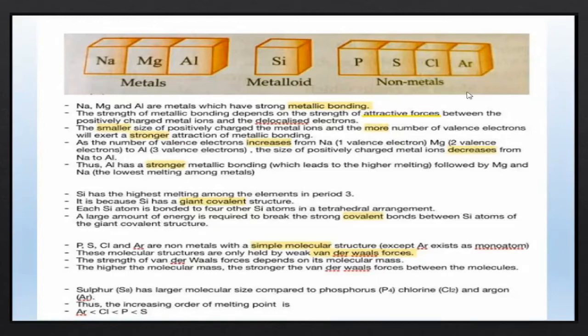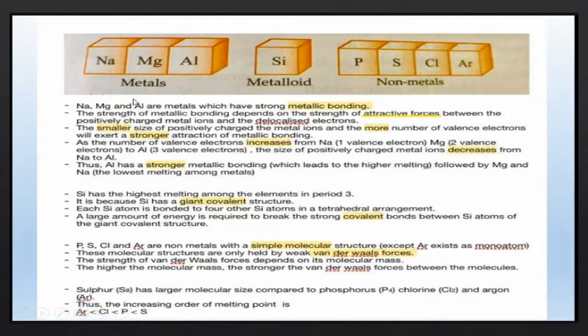Why? Because the valence electron of aluminium is greater than sodium and magnesium. Yes, and then? The size of aluminium is smaller than magnesium and sodium. Yes, you are right.